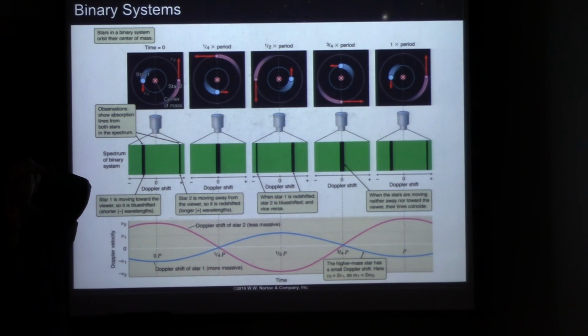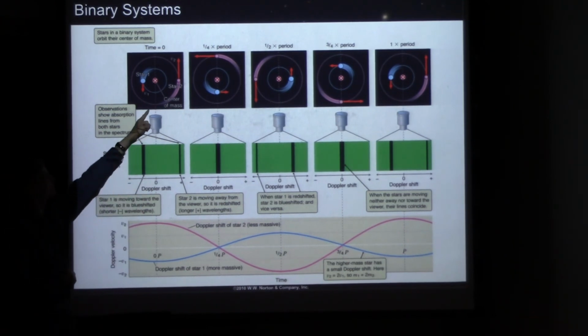There's no information that tells you that. But if the orbit is very nearly containing our line of sight, we'll see the two stars pass in front of one another. So the reason eclipsing spectroscopic binaries are so important is because if they're eclipsing, we know the orbit is nearly edge on. And then we know that we're seeing how fast the stars really are moving when they're moving towards us or away from us.